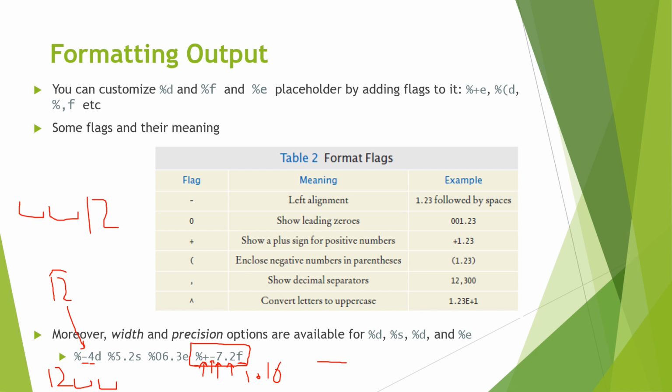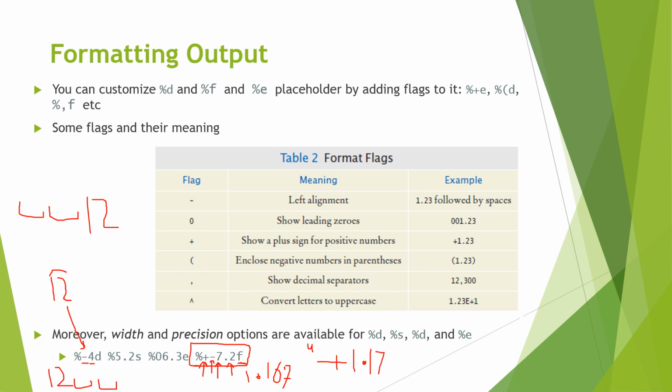Well, let's add another digit to this. So let's say the number is 1.167, for example. So the output would be a string like this. The output would be plus 1.17.